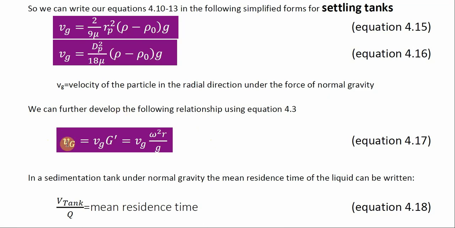So our velocity under centrifugal acceleration equals the velocity under gravity times that RCF term. So if we know our settling rate under normal gravity and we have our RCF, it basically just scales proportionally. So that's a very easy way to get the big G.